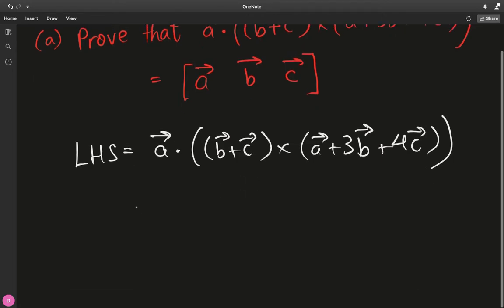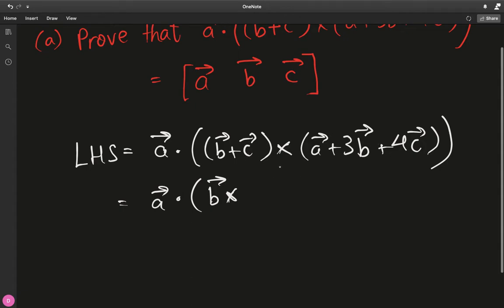Fair enough. Okay. So now what I'm going to do is I'm going to use the distributive property of vector multiplication to distribute this term. So we have B vector cross this term. It's basically like a normal distribution of multiplication over, when you have one polynomial times another polynomial, you have to use the distributive property.